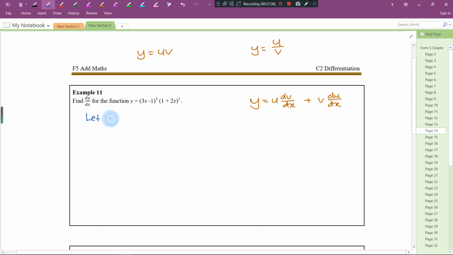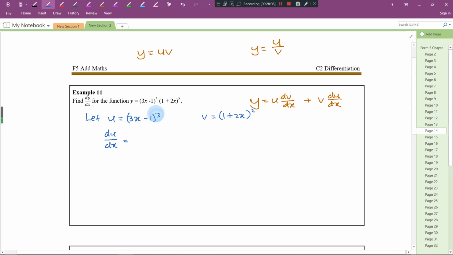Let u equal to (3x minus 1) power 3. V equal to (1 plus 2x) power 2. And you find du/dx. Hope that you still remember what we did just now. Assume this whole thing is x.